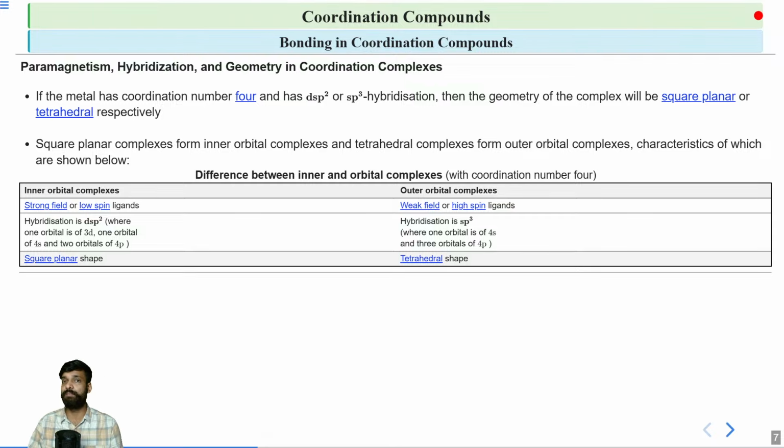Can you take an example? Yes, Ni2+, I guess, has your d8 configuration, and it is capable of forming square planar complexes. You'll know a lot of names of square planar complexes which have Ni2+ as the metal ion, isn't it?